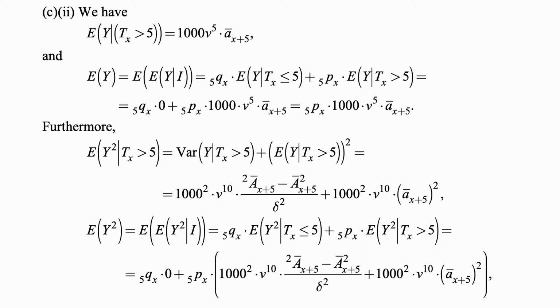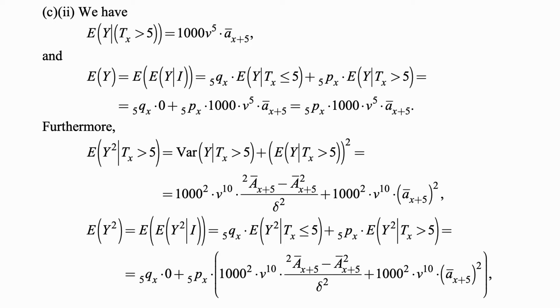So the variance of Y given that T_x is more than 5, we calculated before, and that's 1000 squared times v to the 10th times the variance of life insurance issued at x+5, to be correct about that. So (2Ā_{x+5} − (Ā_{x+5})²) over delta squared, plus the square of what we calculated in the first line that you see on this screen.